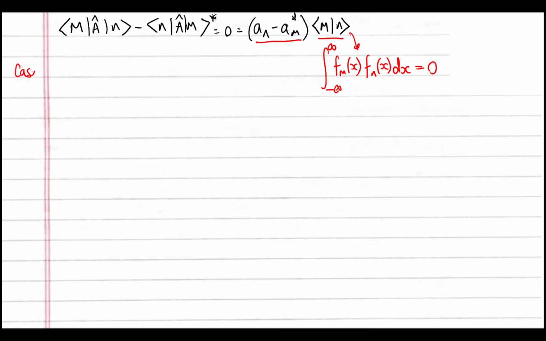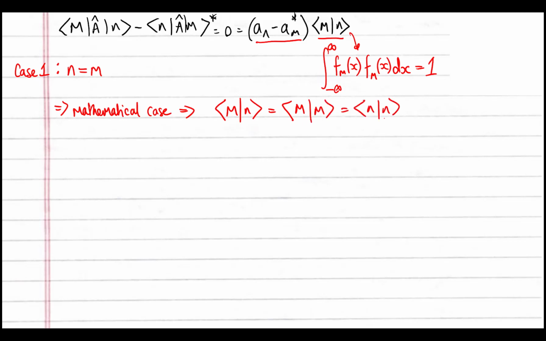So actually, I'm going to provide you with two cases. Let's take mathematically the case where n is equal to m. In this particular case, this is actually our normalization condition. So if we consider that m is equal to n in here, then this is our normalization condition, and we'd write this as shown.